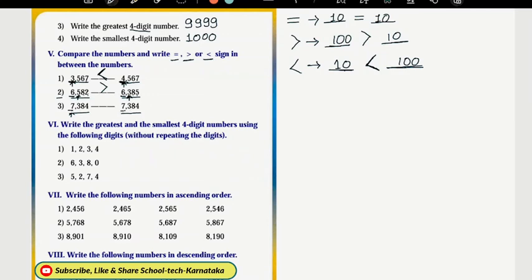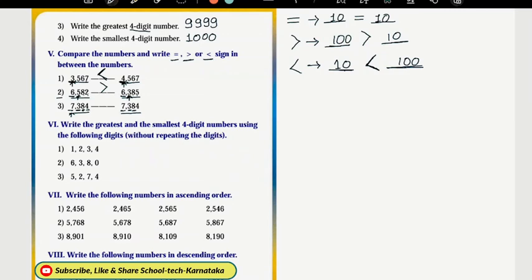Since these both are equal, we move to hundreds place. At hundreds place, we have 3 here and 3 on the right hand side. Since these both are equal, we move to the next place. It is tens, 8, and here at tens we have also 8. Now these both are equal, we move to the ones place.